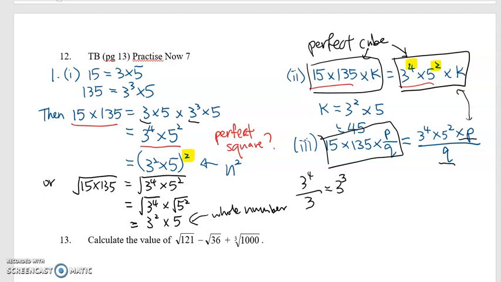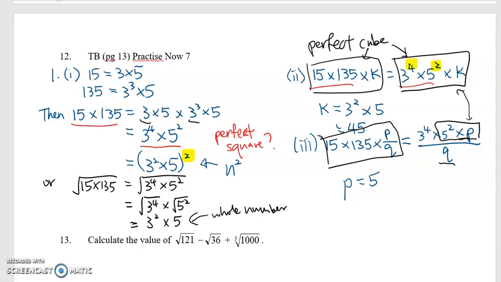They tell us that P and Q are prime numbers, so we need to see which one we need to increase the power, and which one we need to decrease the power. Since P and Q are prime numbers, we are not expecting to make very big changes. So I can let P be 5 so that 5 squared times P becomes 5 cube, because I want a perfect cube.